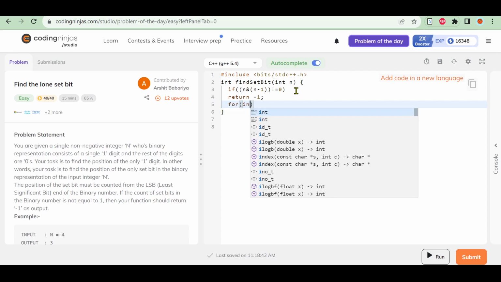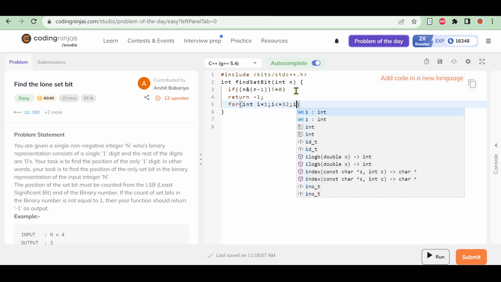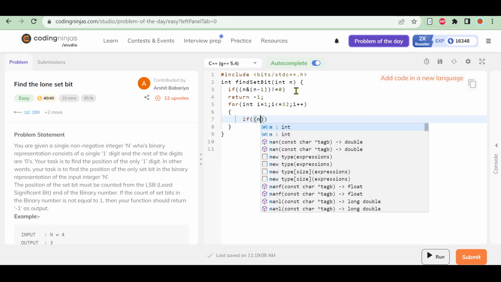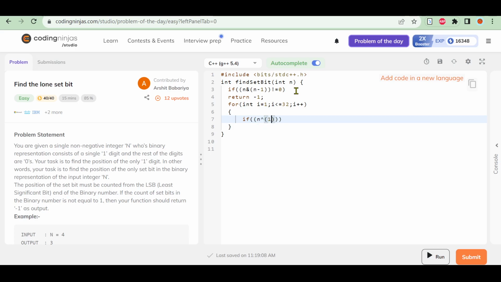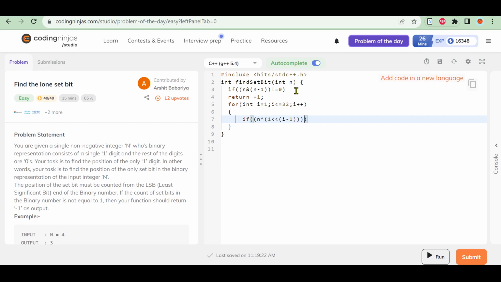I'm going to run here a for loop from 1 till 32, and I will put here an if condition: if n bitwise XOR with 1 left shifted by i minus 1 is equal to 0, then I will return i.